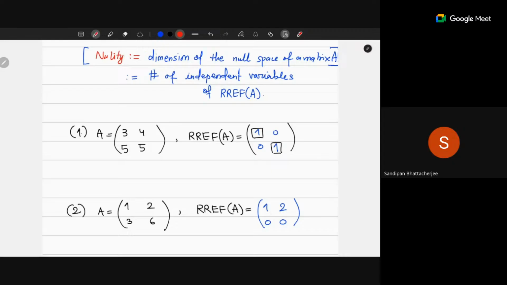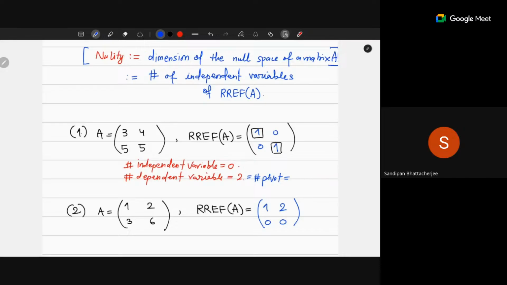So the number of independent variables is 0. The number of dependent variables was 2. And we have seen that the number of dependent variables is the same as the number of pivots, which is the same as the row rank or column rank.